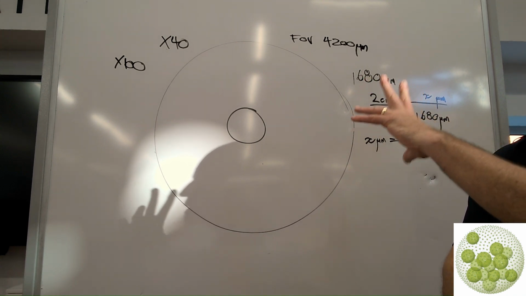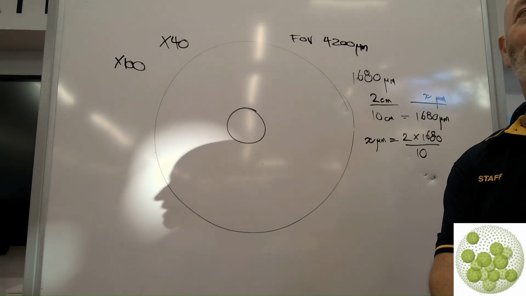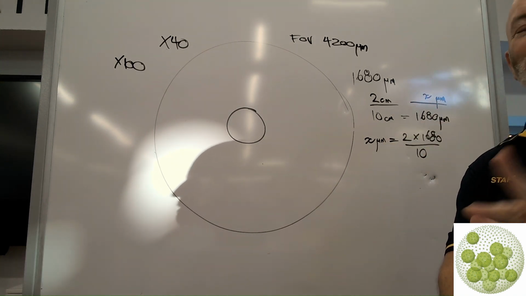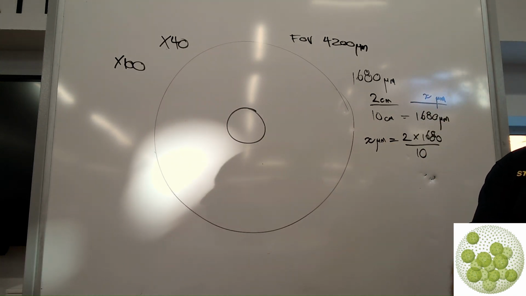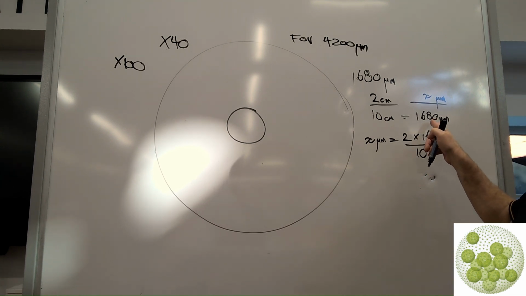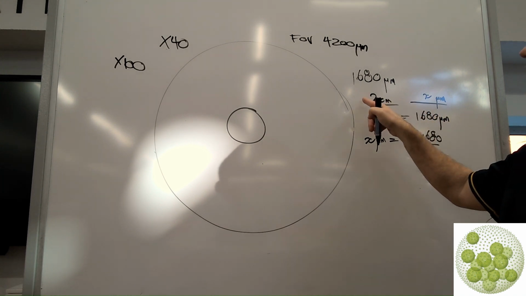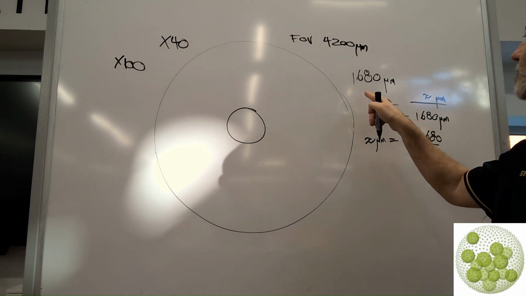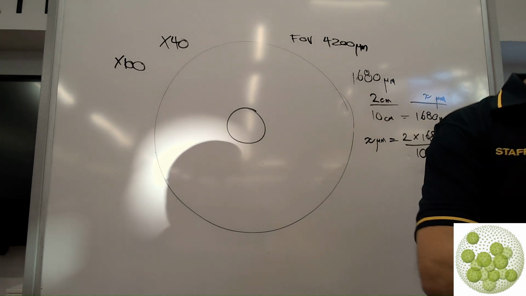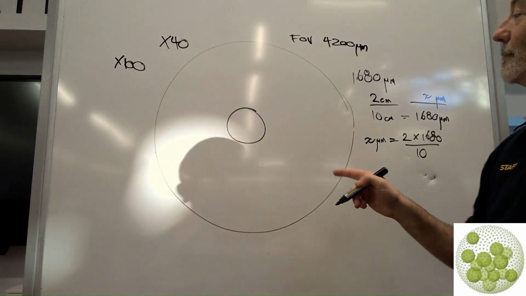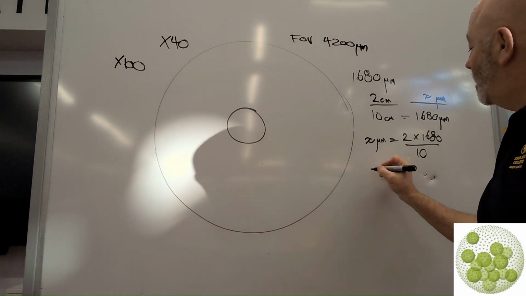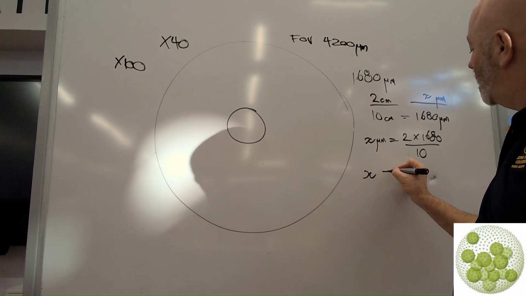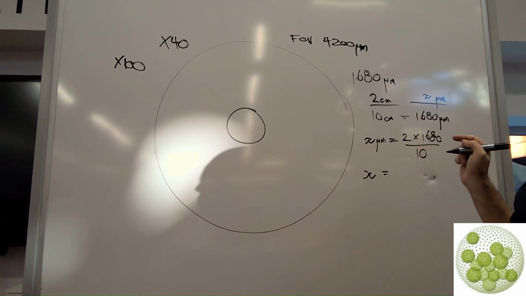If I was in a maths class, I'd go through all the steps and be really confusing, but this simple way works. I'm going to take the 1680, put it across the other side, and because it's on the bottom here, it goes on the top up here. So now X is 2 times 1680.